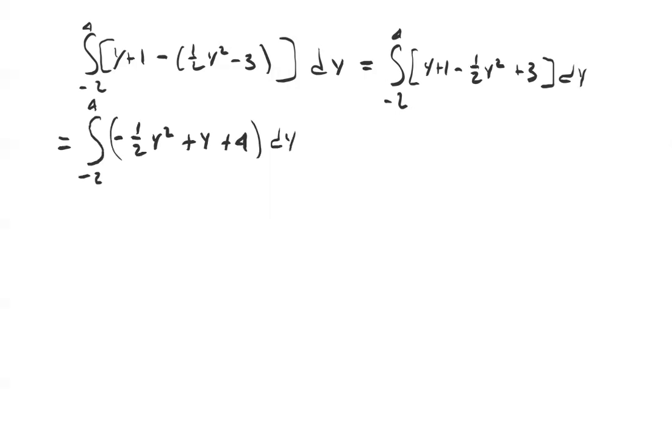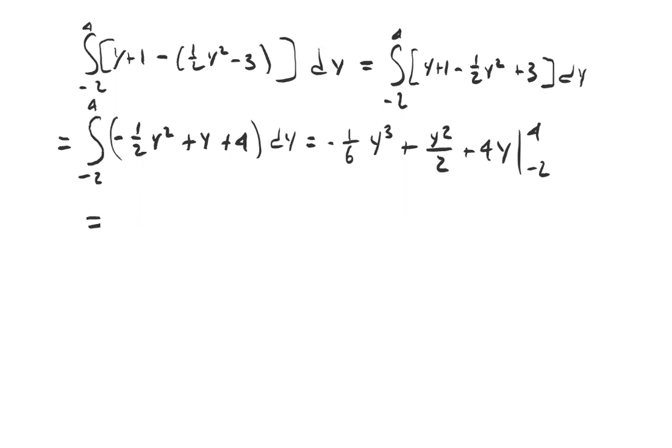And this I can integrate directly. So this is pretty easy to do. Integral of negative 1/2 y squared is negative 1/6 y cubed plus y squared over 2 plus 4y, evaluated from negative 2 to 4.